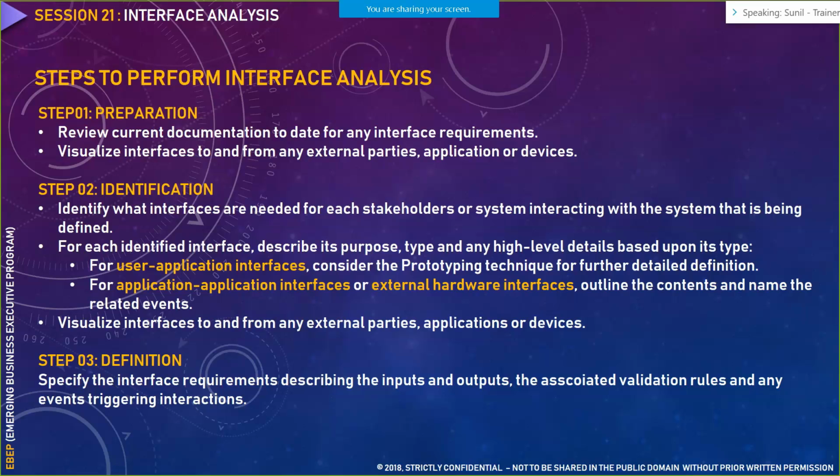Our end goal of any interface analysis is to properly identify what input we would be giving to the system and what output we should expect from that system. Of course, there would be some business rules associated with it, triggered based on the interaction that we would do and the business rules that are configured.